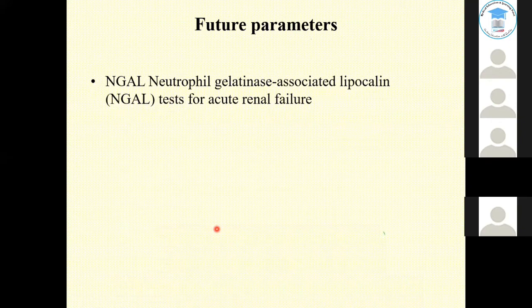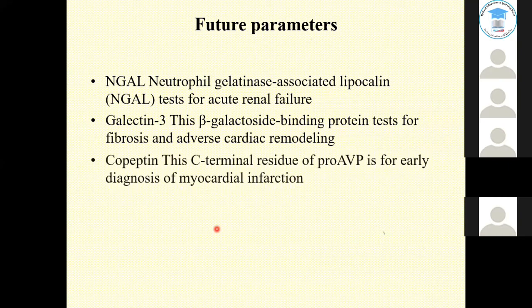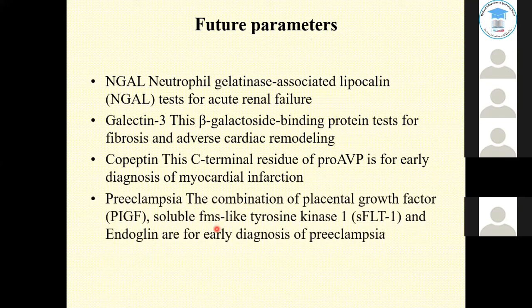Some important parameters which are really in the way of being launched into the market are detection of neutrophil gelatinase-associated lipocalin, that is NGAL, test for acute renal failure, galectin-3 for fibrosis and adverse cardiac remodeling, copeptin for early diagnosis of myocardial infarction, and preeclampsia using a combination of placental growth factor, that is PLGF, then sFlt-1 and endoglin for early diagnosis of preeclampsia, maybe at home or in the doctor's chamber.